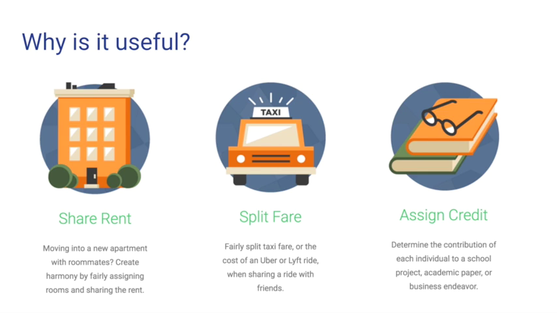Think about moving into an apartment with roommates. We want to create harmony by fairly assigning rooms and sharing the rent. Someone will prefer a bedroom over the living room, and others might like the second floor more than the first floor. People might evaluate the price of the rooms differently. So how can we make this harmony? The second one is splitting fare, where people are trying to split the fare for taxis.